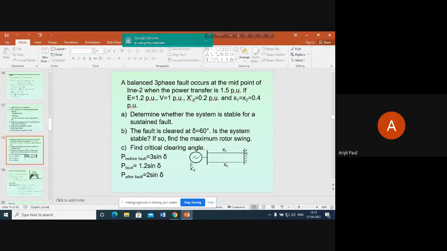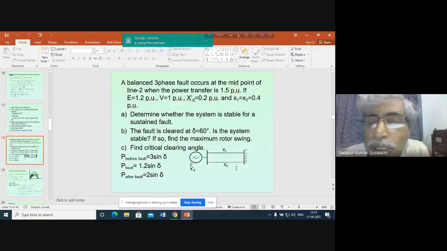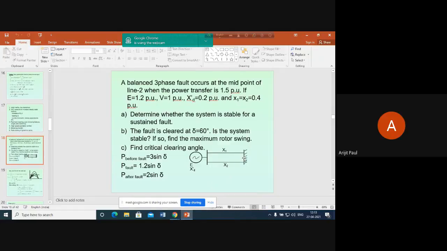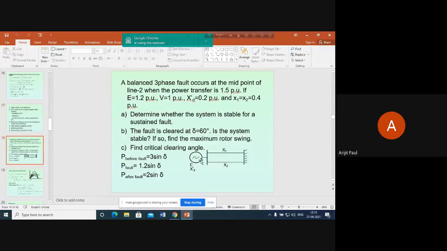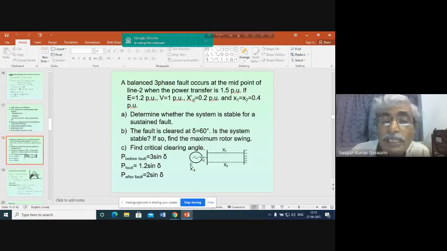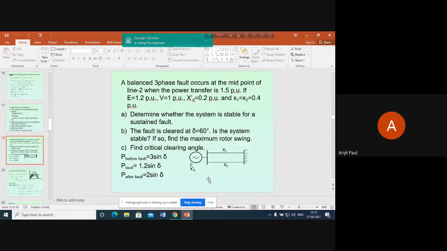Any reactance from this bus to ground will have no impact on the power flow between this generator and the infinite bus. The reactance connected at the terminal of this induced voltage to ground also will not help deliver any power from generator to infinite bus. It will deliver current from the generator terminal to ground. Current will flow, not the power.